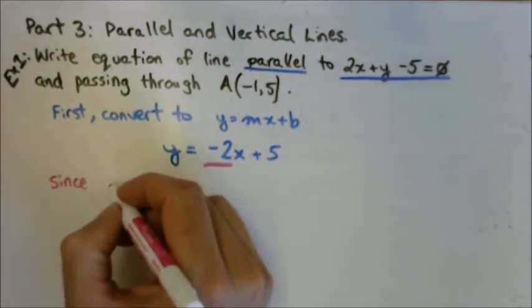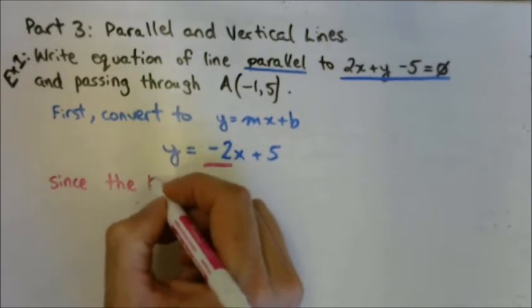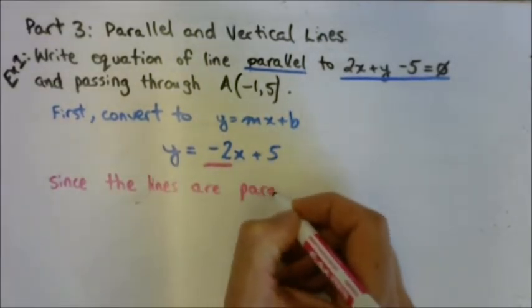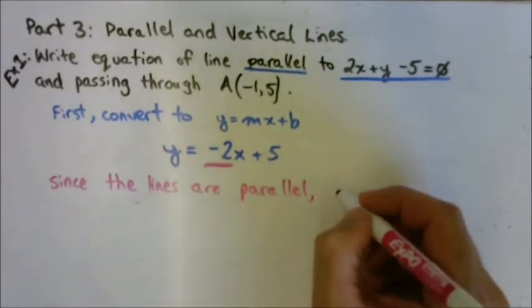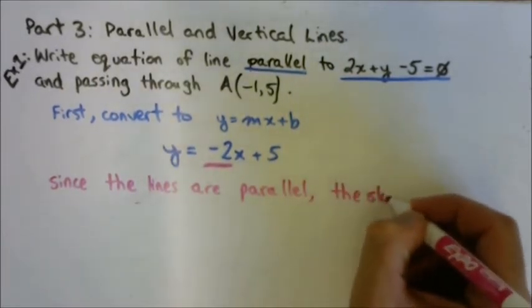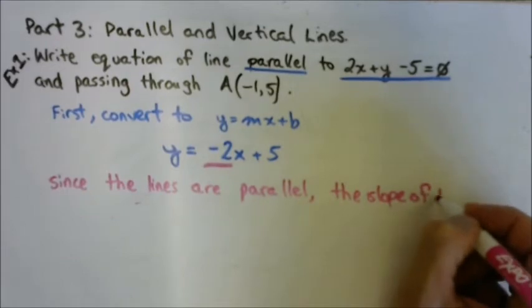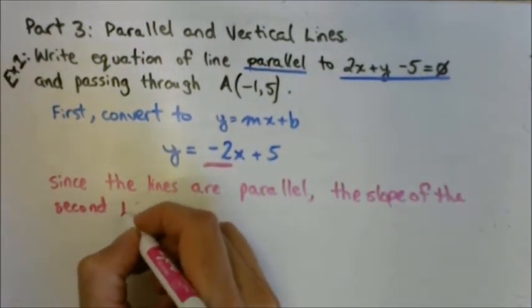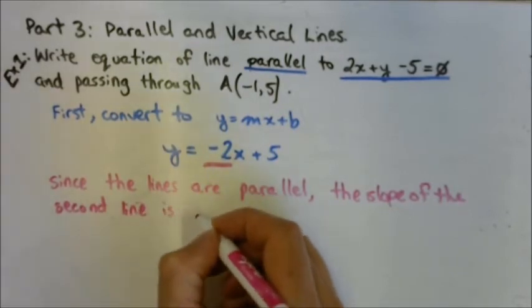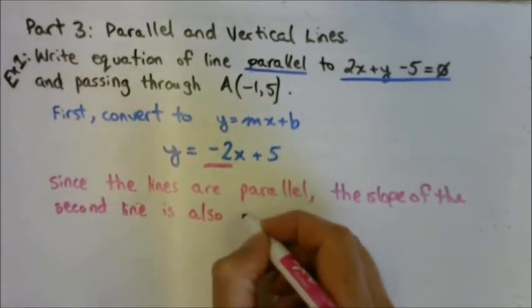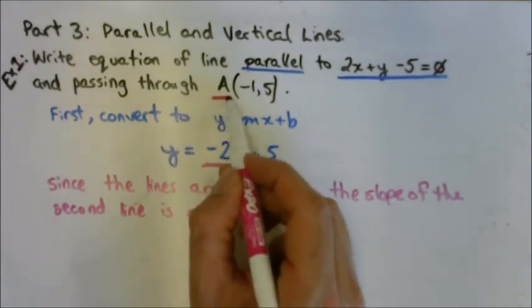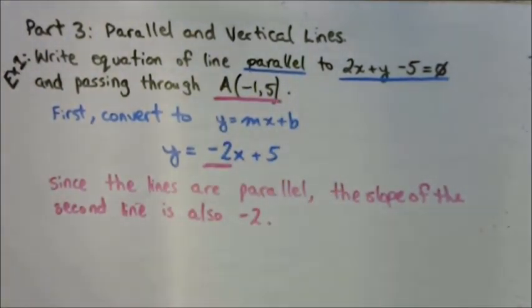Since the lines are parallel, we're told that the slope of the second line is also negative 2. Now what about this information that it goes through the point A at negative 1, 5?